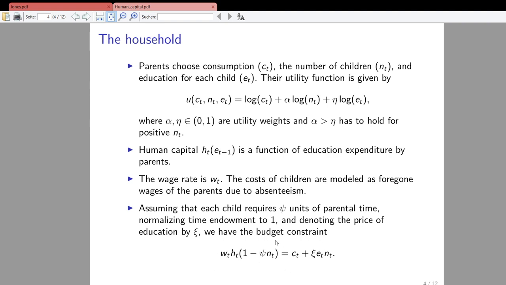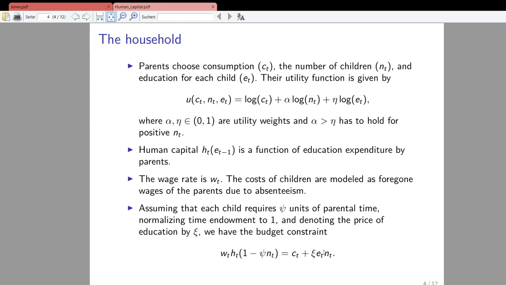So on the left hand side of the budget constraint we have the wage income of households after adjusting for the time they cannot spend supplying their work on the labor market because children take time to raise. The income that they earn can be spent on consumption or on educating the children, where psi is the price of education by assumption, e is the amount of education that I provide each child with, and n is the number of children.